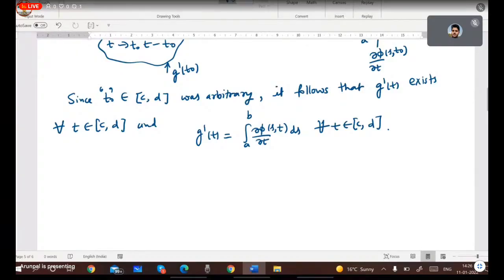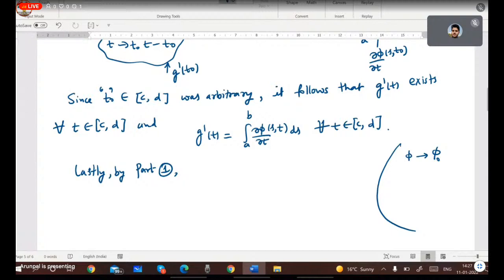And now, class, using the first part, lastly by part 1, what you do in part 1 is, instead of phi, you consider phi naught.